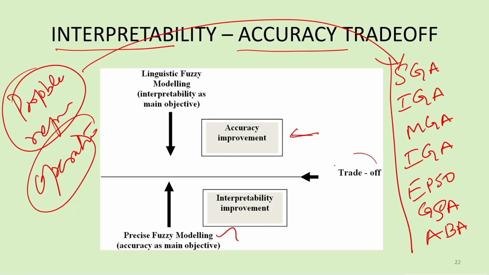Even after doing all these things, we still face this trade-off when we go to different application domains or when we face a different data set. This is natural and very obvious while designing a fuzzy system. One is linguistic fuzzy modeling, another one is precise modeling, and we need to alleviate and compact this trade-off. So how can we do that?